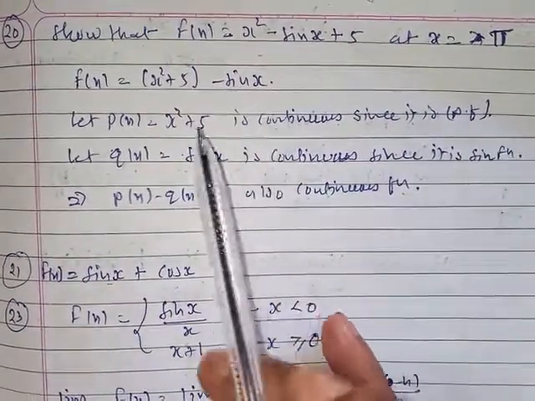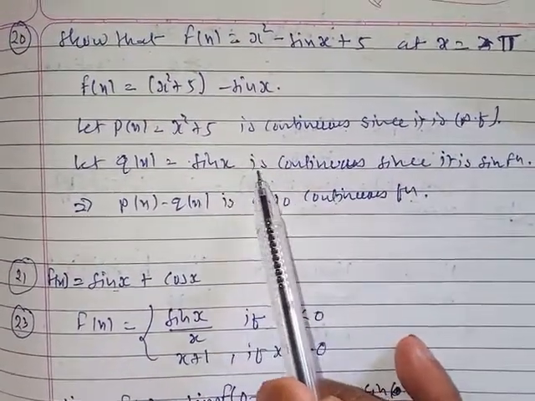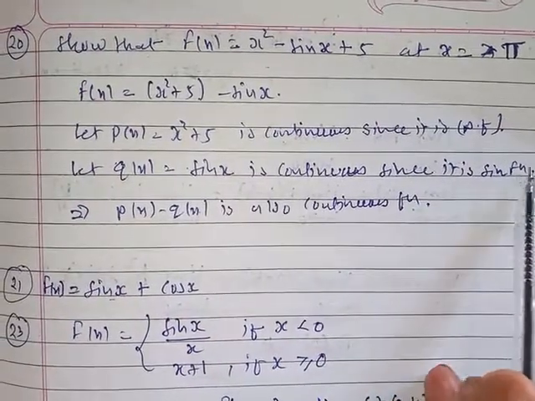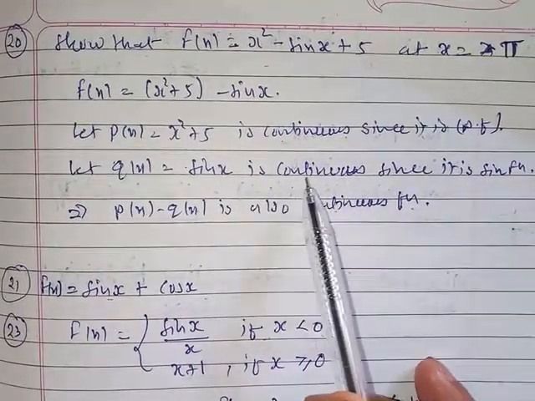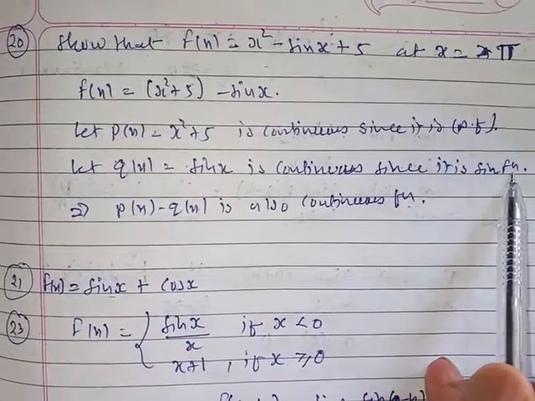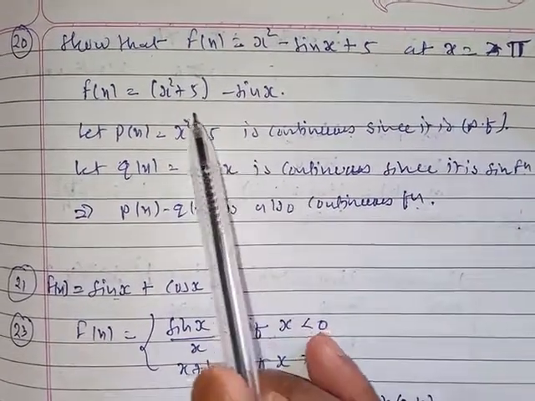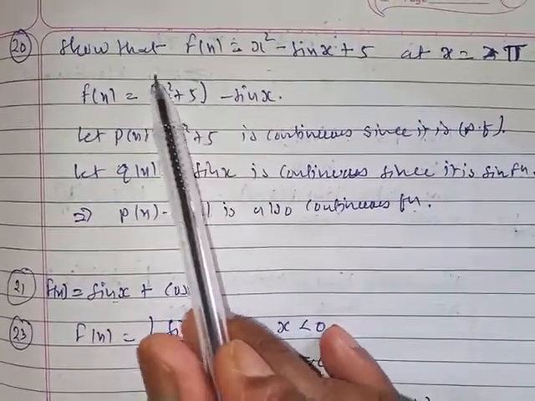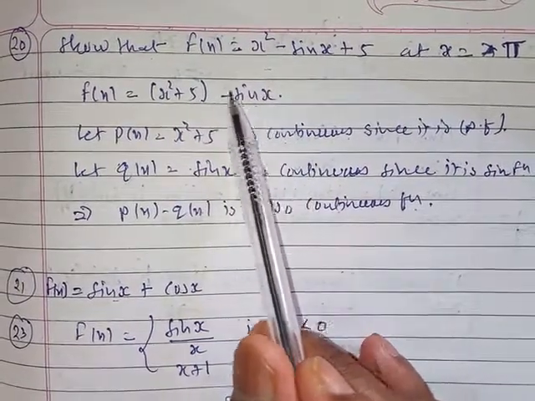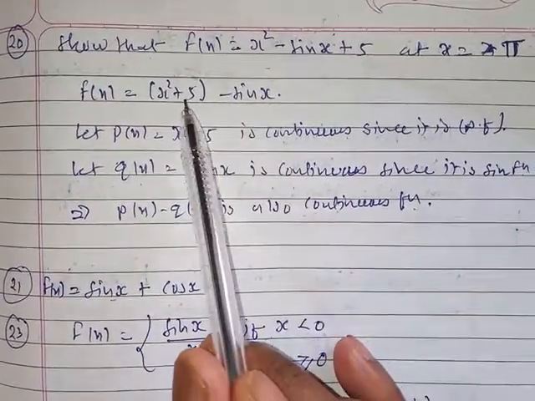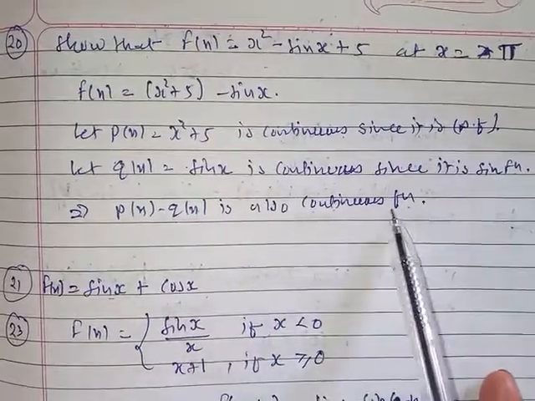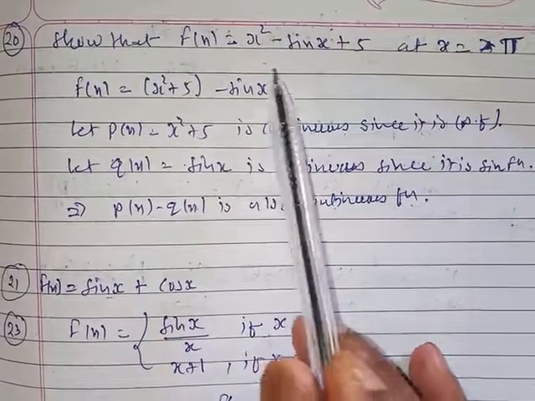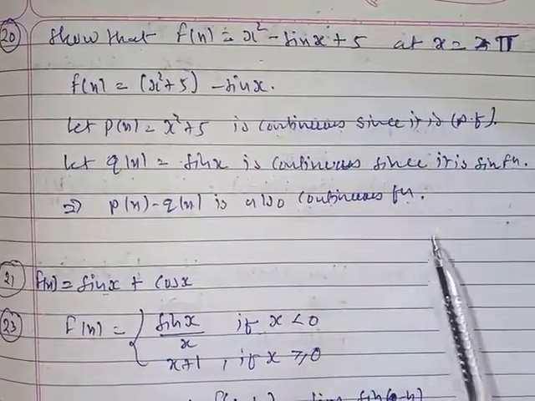And what is sin x? q of x is equal to sin x; being a sine function, it is also a continuous function. So what do we get? A polynomial which is continuous, and a sine function which is continuous, and the subtraction of these is also continuous, and therefore it shows that the function is continuous at x equal to pi.